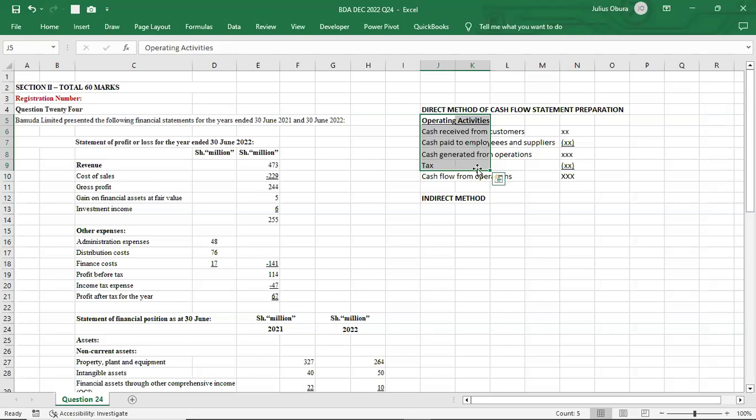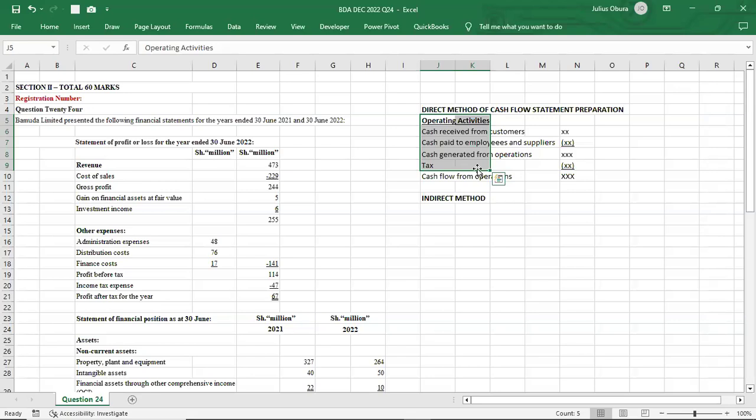So when the company purchases such marketable securities, we also say that the company has made an investment, because at the end of the day, it will be earning some dividends and interests. So the purchase of marketable securities like bonds and stocks, we also count it in as a cash from investing activities.